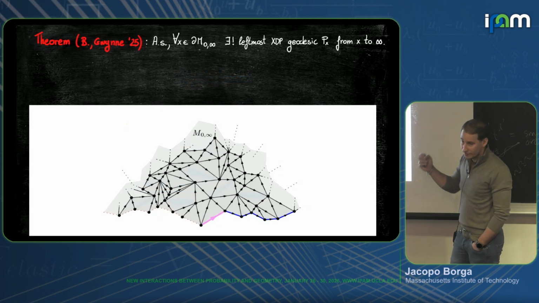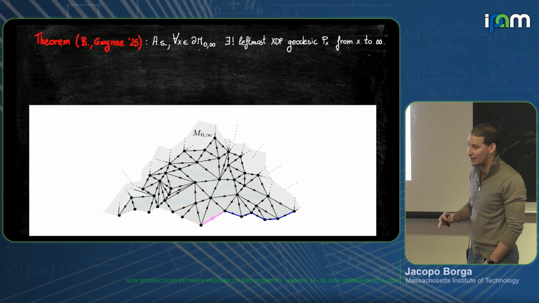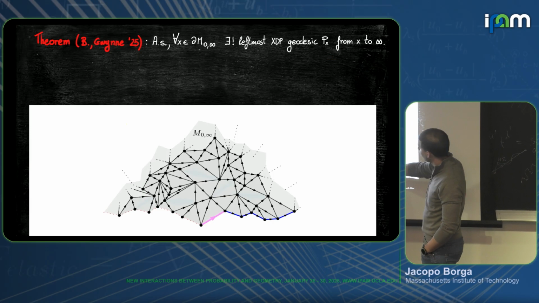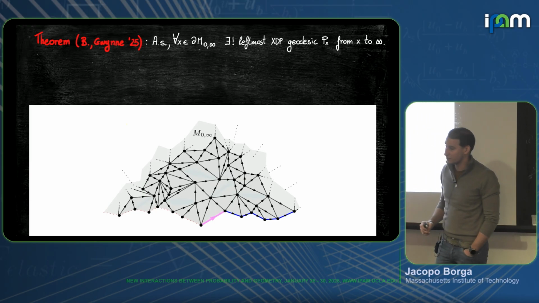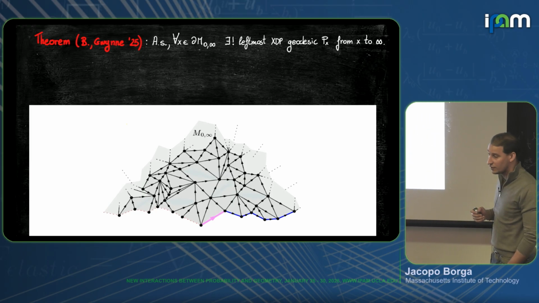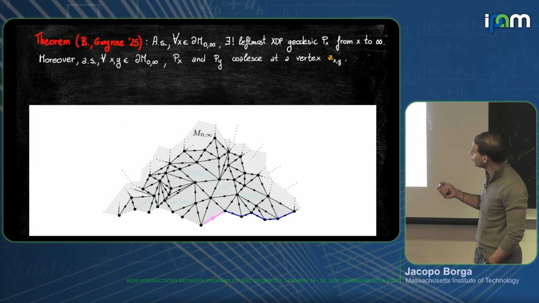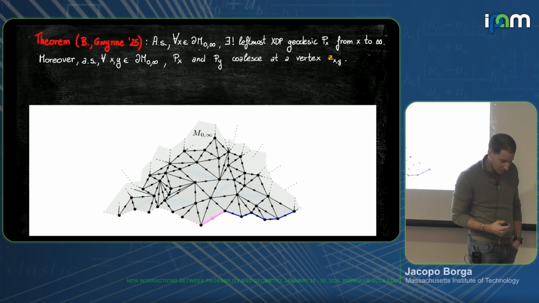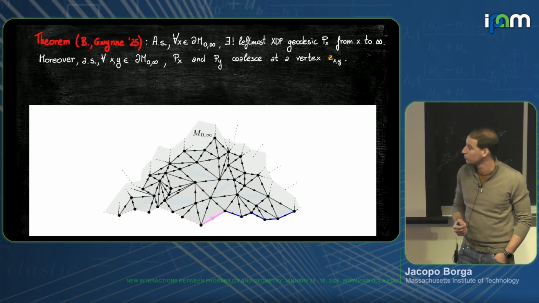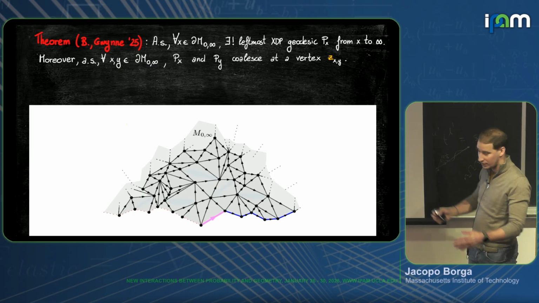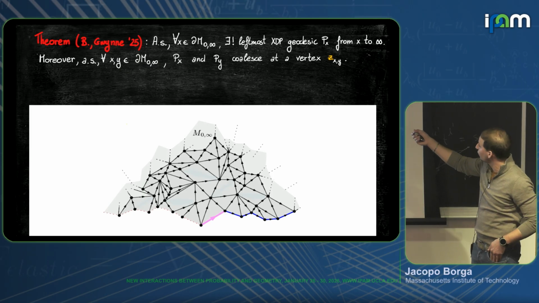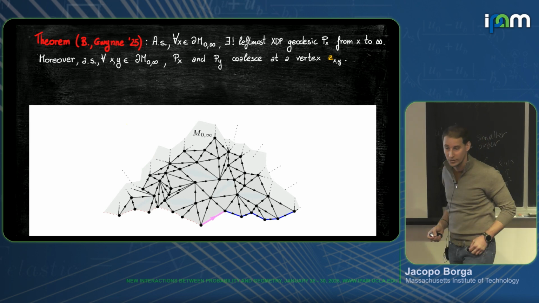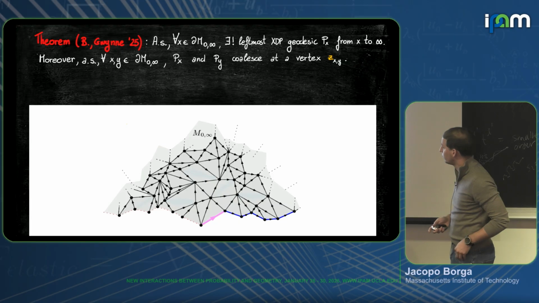Okay, so the theorem that we have in the previous paper, which applies line by line to this new case, is that for every point here, there is a unique leftmost geodesic to infinity. And if you fix 2 points on the boundary and take these 2 leftmost geodesics to infinity, they must coalesce. So if you take Px and Py, these 2 infinite orange paths, there is always a point Z depending on x and y where the 2 geodesics will meet and stay together forever.